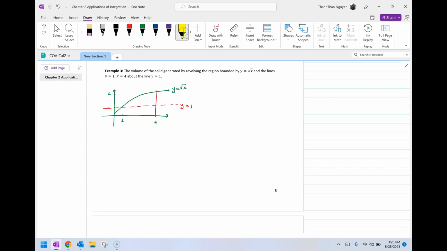And this is the region that is being rotated. Okay, so when we rotate this, you get this figure.